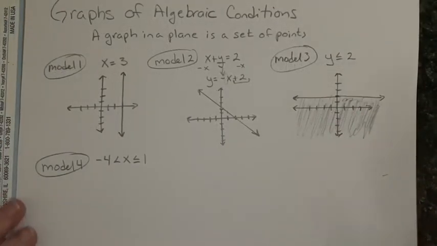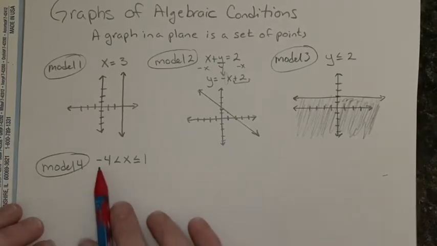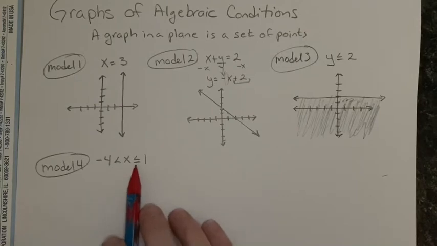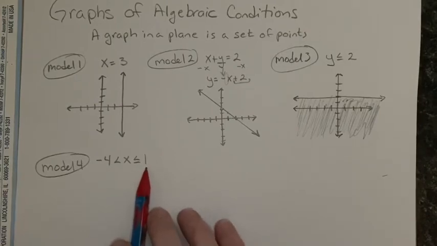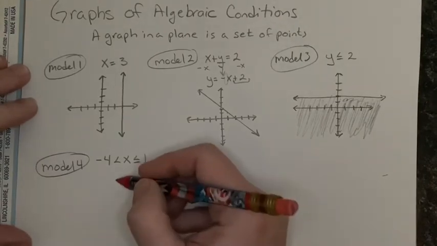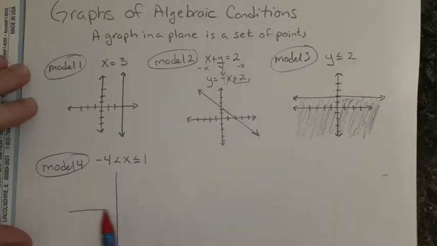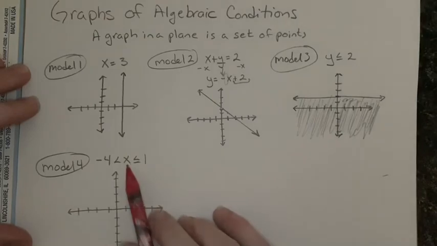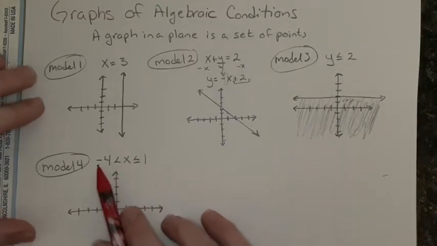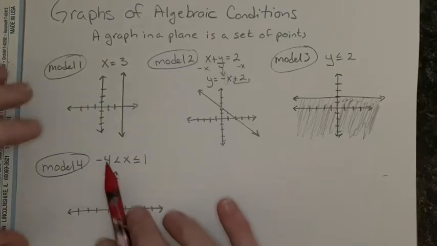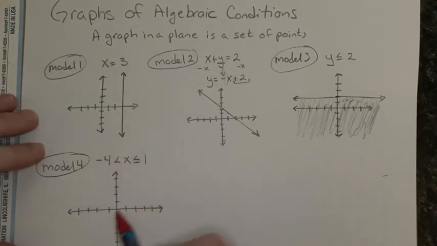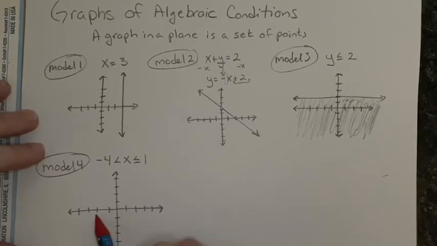The final model that we're going to look at, model 4, is represented by -4 < x ≤ 1. In this model, we're actually going to have 2 lines. First, let's start off with x is greater than -4. X is greater than a constant, so we know that we're going to have a vertical line, and that vertical line is going to be at -4.